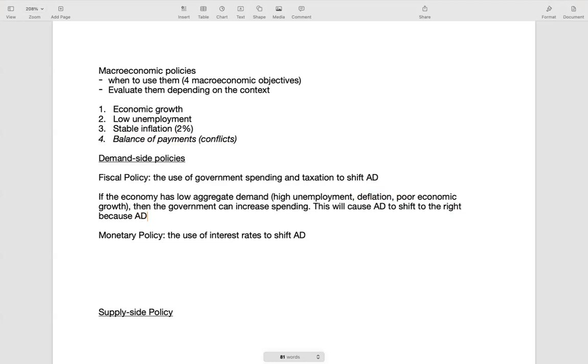Do you know the equation for AD? C plus I plus G plus X minus M. It is total planned spending in the economy.